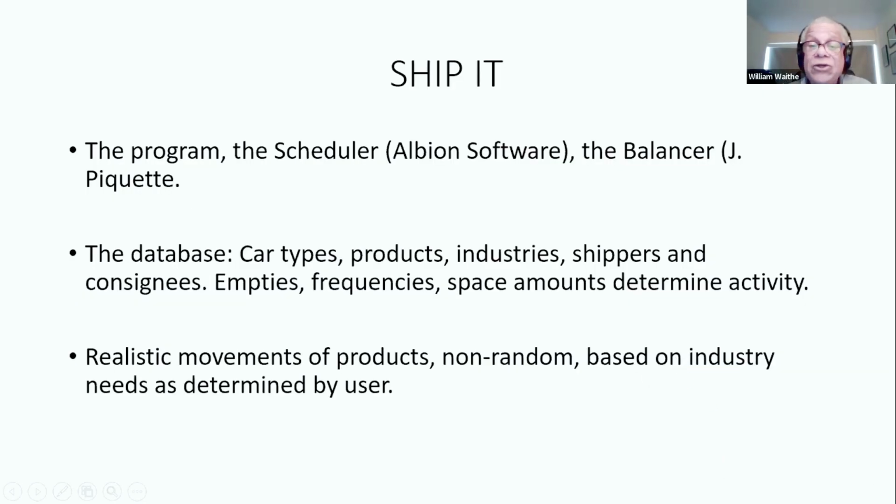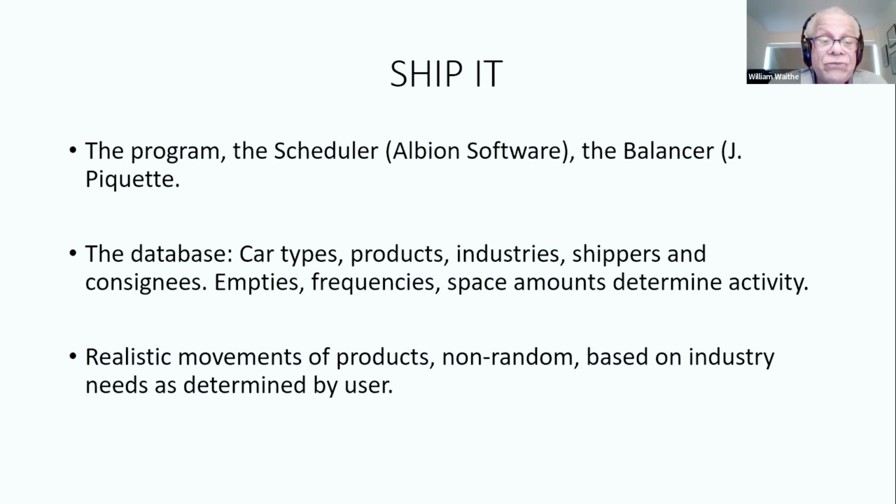The system that I use and have been using for over 20 years is, I find, an amazing system, and it's very realistic. The program is built by Albion Software. It's not free software, but you get what you pay for in a sense.